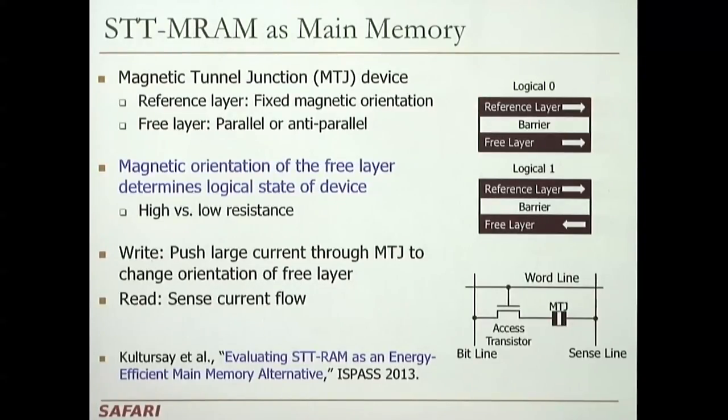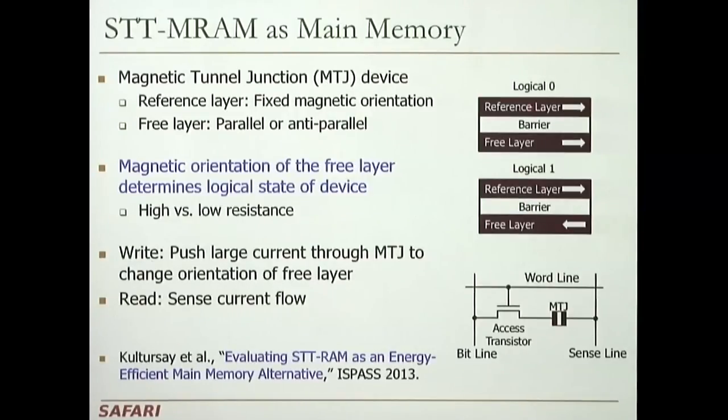You have a reference layer that has fixed magnetic orientation, and you have a free layer that's separated by a barrier from this reference layer. You can think of these as two magnets, basically. Free layer you can control the orientation of by injecting current. And the magnetic orientation of this free layer with respect to the reference layer determines the logical state of the device, basically whether you have high resistance or low resistance in this device.